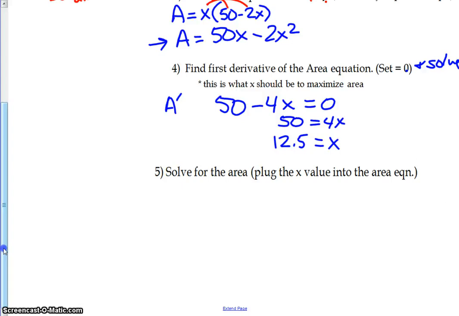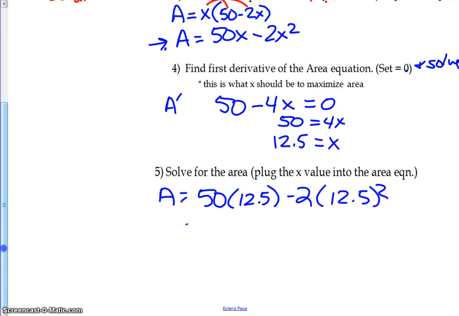The first way: my area formula from up here was 50 times x, and we found x to be 12.5, minus 2 times x squared, 2 times 12.5 squared. If I plug that into my calculator, I get 312.5, and that's meters squared.